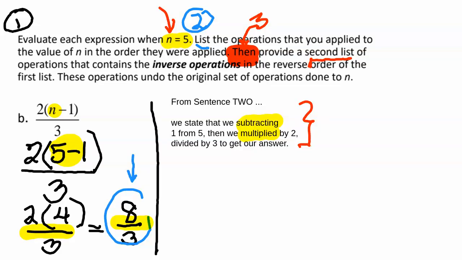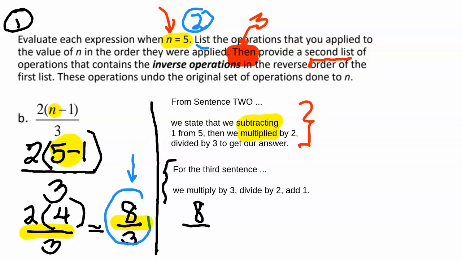Then we're going to divide by 2. And then we're going to add 1. We are doing the opposite. Now watch what I do. I'm going to prove to you this. Take 8/3. Okay?